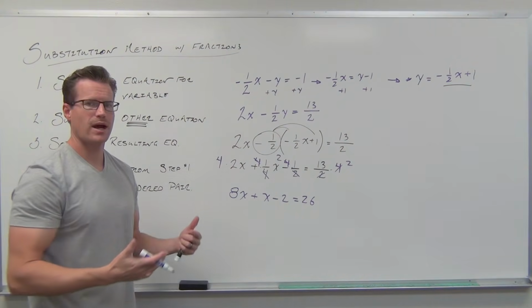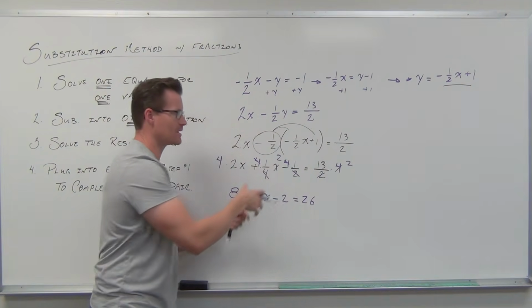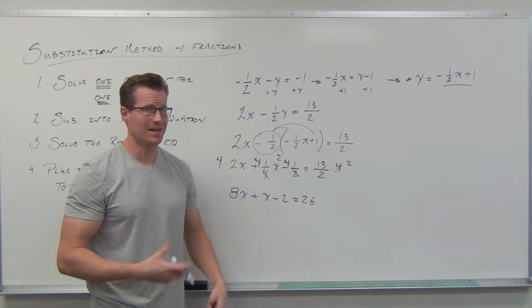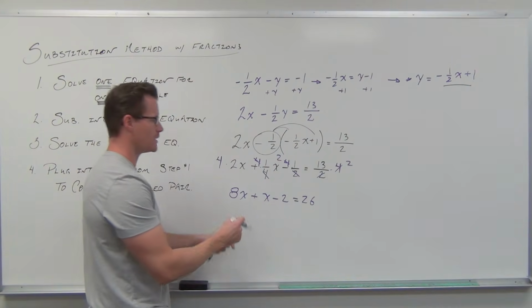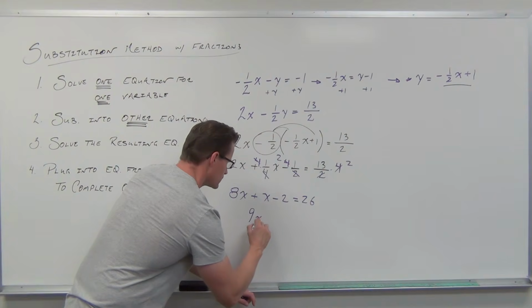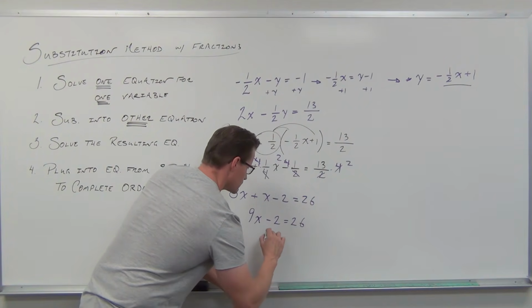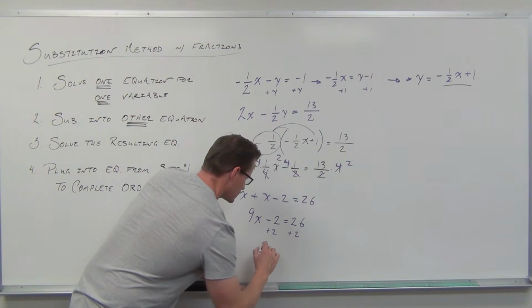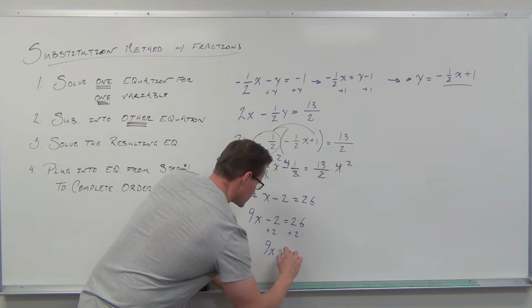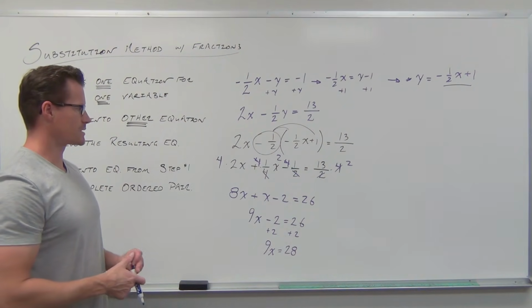So we've gotten rid of our fractions, but you can't do it in general on substitution method until you get right down to here. That's a lot of fractions going on. It's not great, not the best method. If we combine some like terms, we get 9x equals 28.